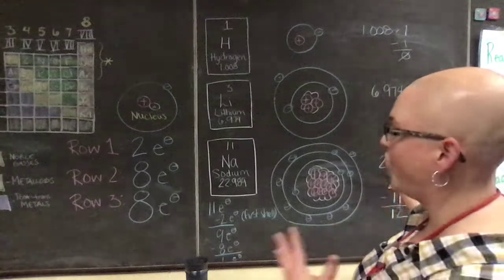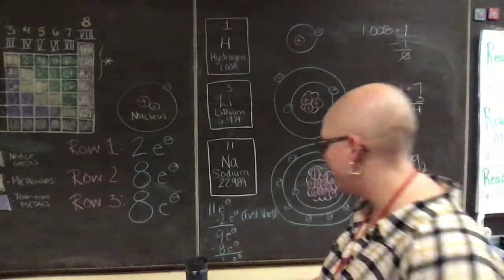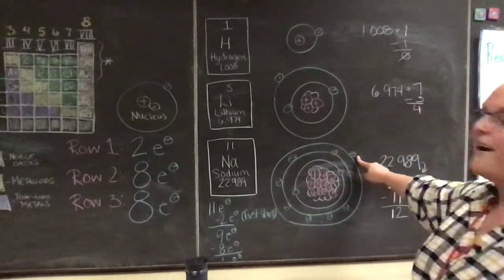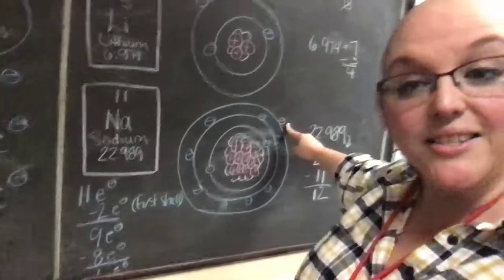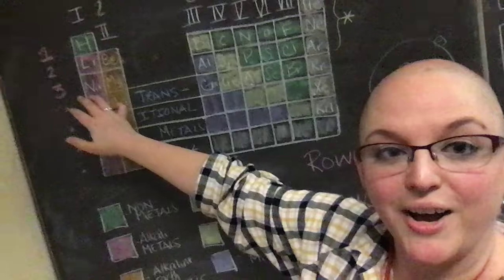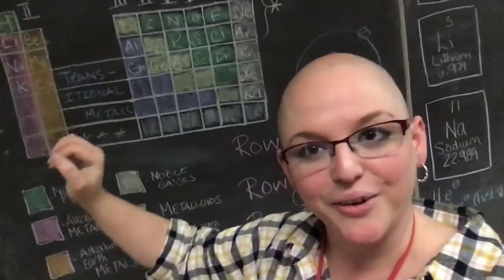And now I have all 11 electrons accounted for. 1, 2, 3, 4, 5, 6, 7, 8, 9, 10, 11. And wouldn't you fancy that? That sodium, being the first element on the third row, is also the first one to get a third ring.